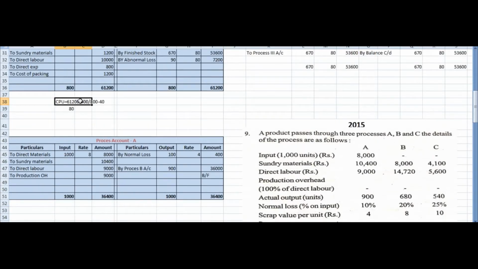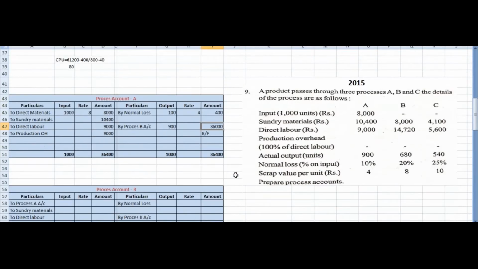Otherwise, you find the rate and multiply these two, and you will get 36,000, but that takes time. The best way, if there is no abnormal loss or abnormal gain, is not to do the cost per unit but to find it directly like this. Is it understood by everyone? Yes, sir. Is it clear?